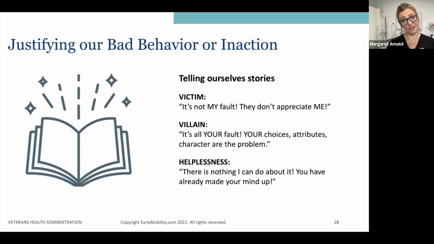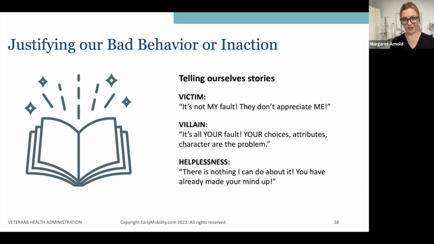As a leader on your unit or on your program, understand the power that your voice has. And when you master these crucial conversations, there's a lot that you can do with some of this conflict that you might be seeing or feeling on your unit or in your facility.